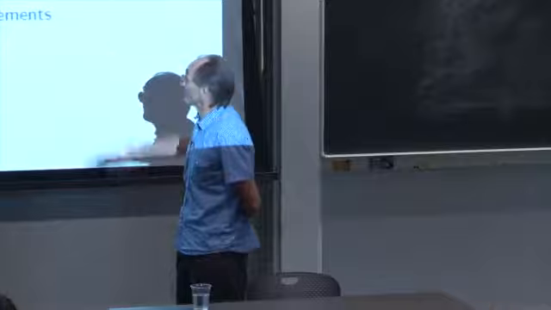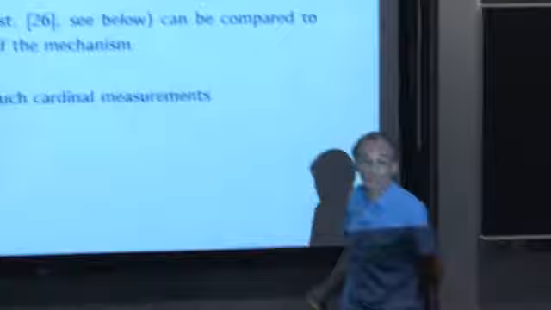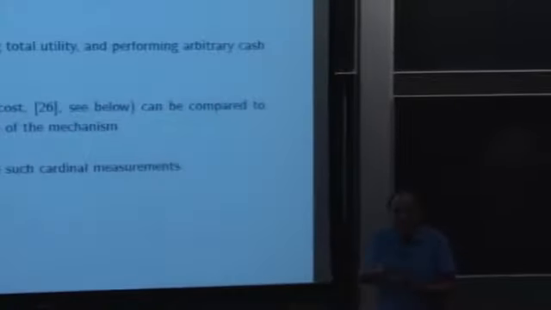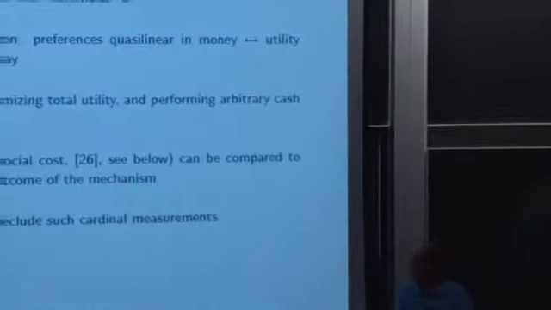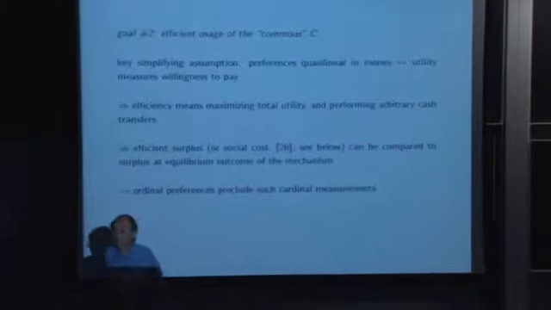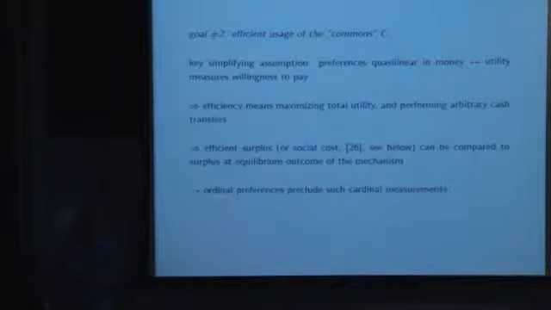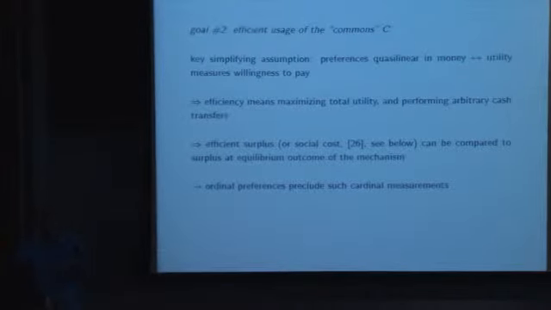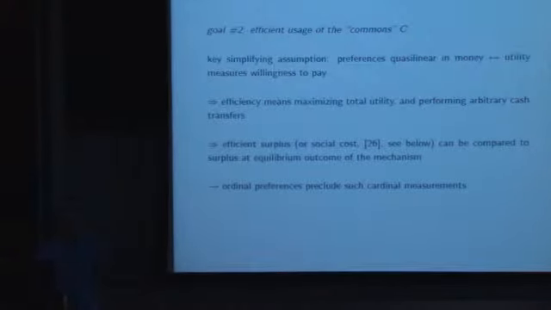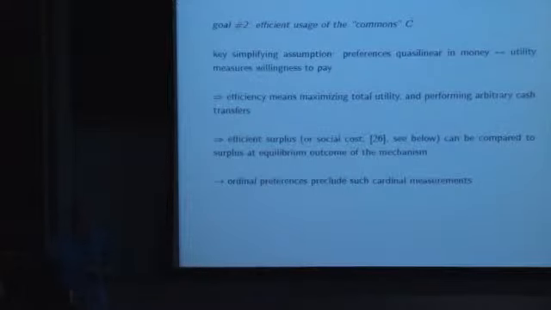Now, of course, the interesting thing will be that the surplus which we obtain in the equilibrium of whatever mechanism we are looking at can be compared to the efficient surplus. And this is exactly a benefit of the quasi-linearity assumption, because if you didn't have that, you could still make some statements about the welfare improvement from the equilibrium to the Pareto frontier, but it would be a lot more delicate technically.